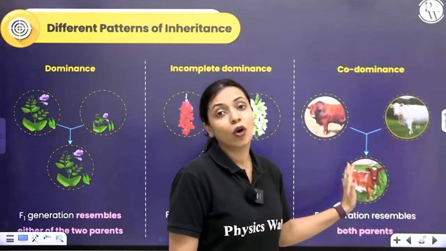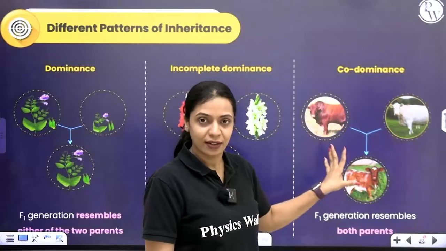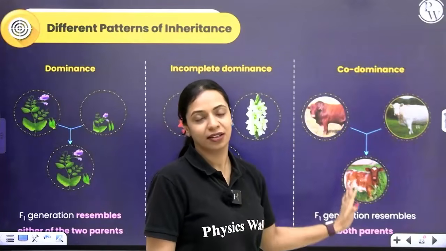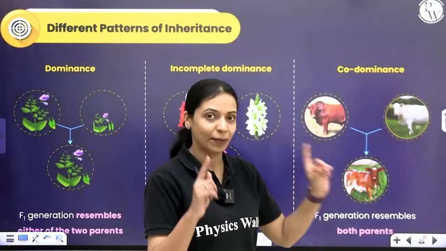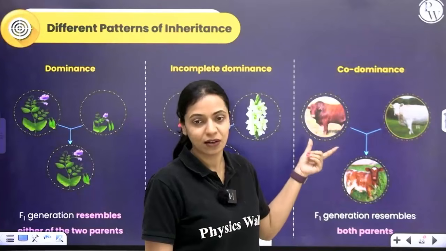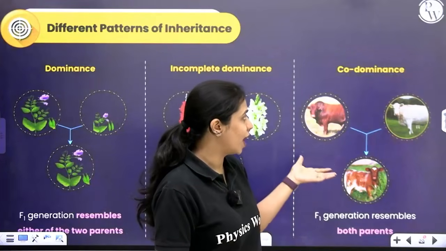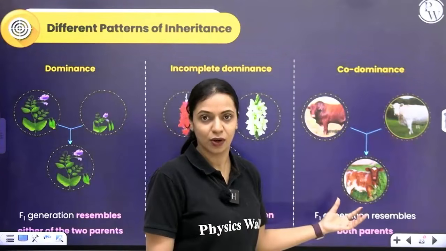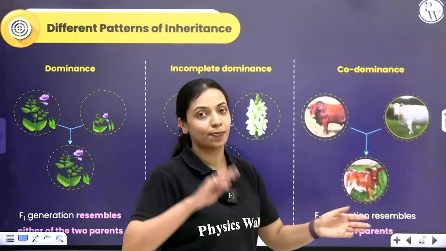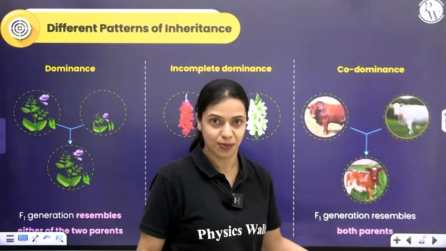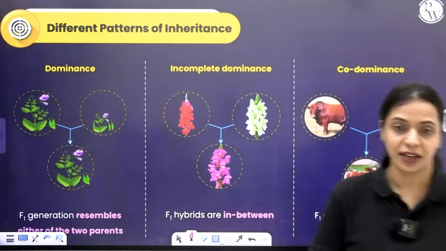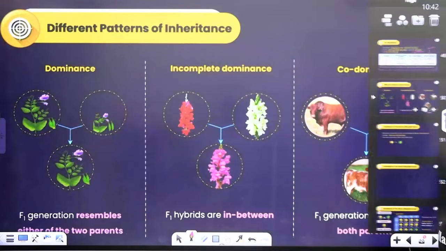In codominance, you see a trait where both the parental traits are expressed. Okay, so simultaneously it will be expressed. If you have a brown colored cow and a white colored bull and they are crossed, you will get a calf that has patches of brown and white where both are expressed. Okay, so these are the three different patterns of inheritance.